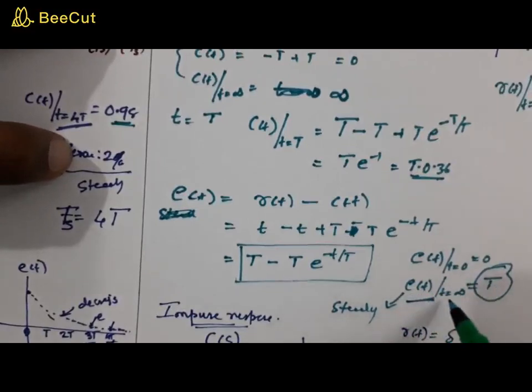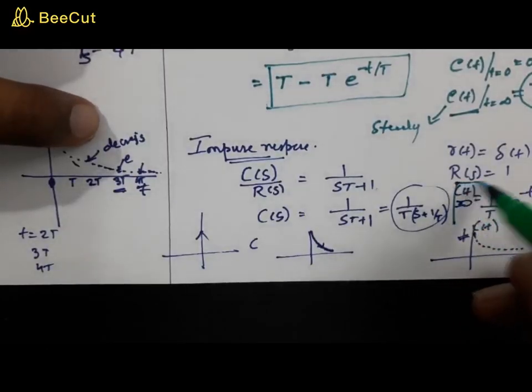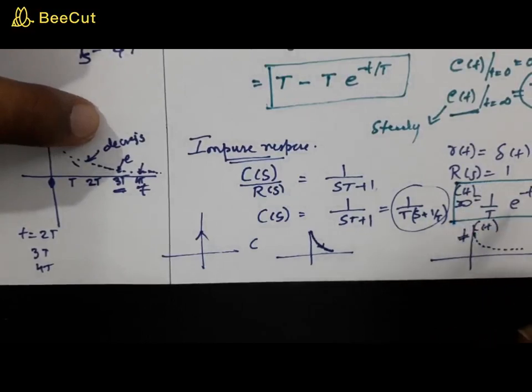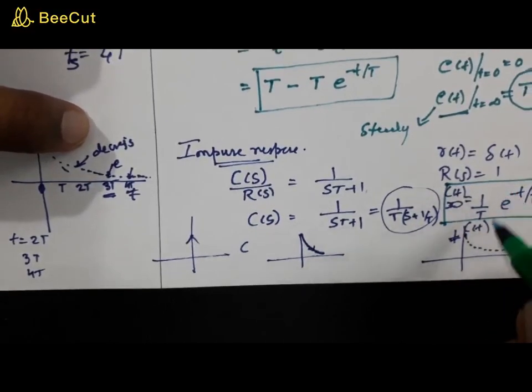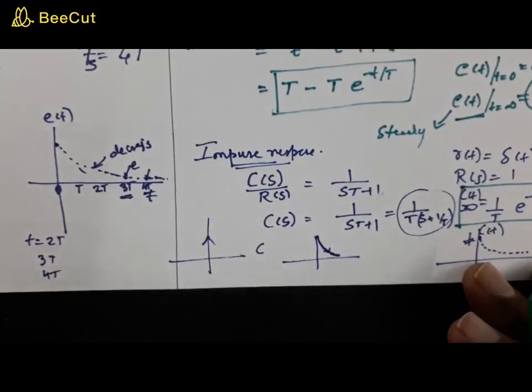So this is e of t at t equal to infinity, and you found out that it remains equal to the time constant. And finally, the impulse response is given by 1 by T e raised to minus t by T, and we have seen that it closely approximates the practical impulse signal. Okay.